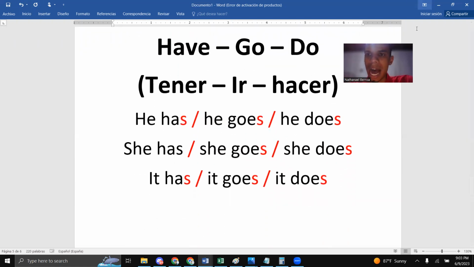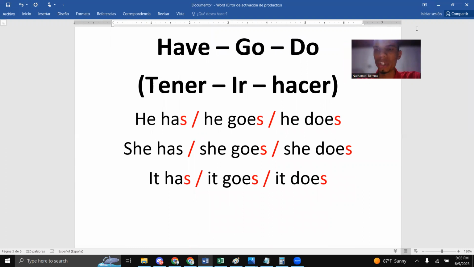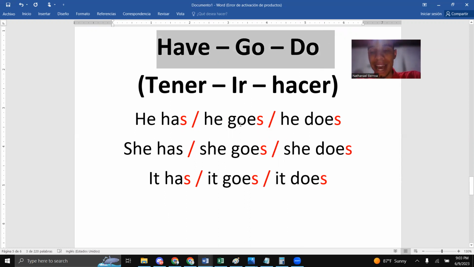Okay, now, how to pronounce these verbs using the third person. Remember, each time that we use the third person, the verb ends with the S at the end. Recordando que todos los verbos, cuando trabajamos en la tercera persona, o sea, con los pronombres he, she, it, estos verbos terminan con la S. Pero estos verbos, al ser irregulares, su forma original va a cambiar en la tercera persona.